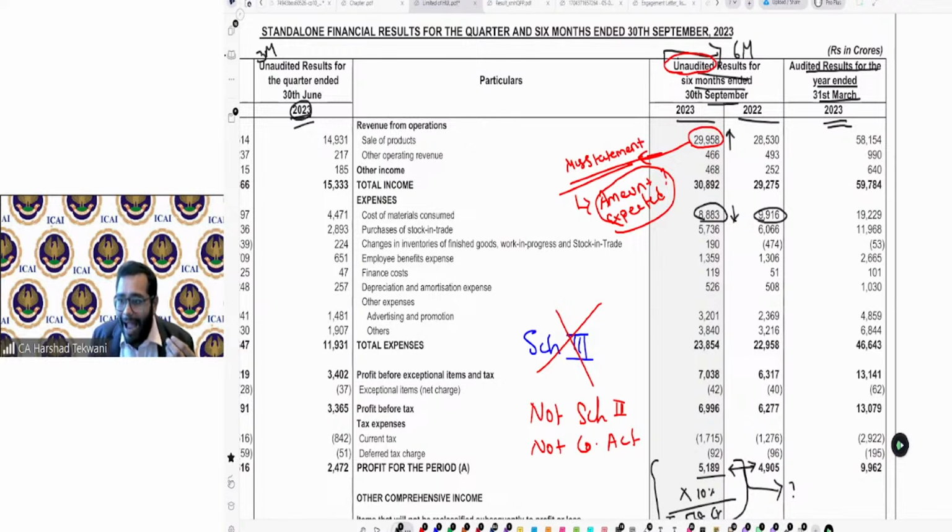So, if you identify that there is something inappropriate, that the financial statements are materially misstated, in that case SRE doesn't stop you.